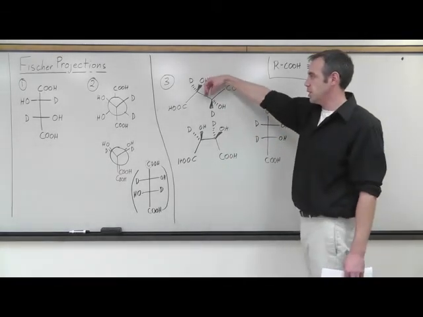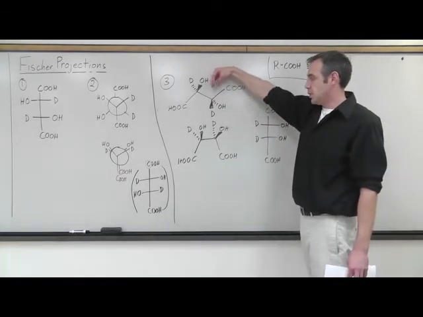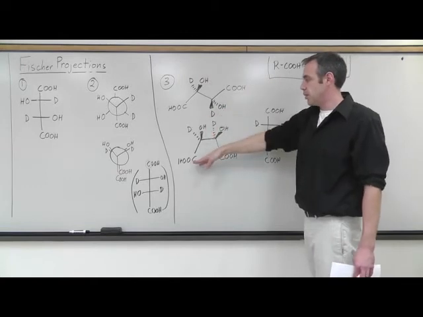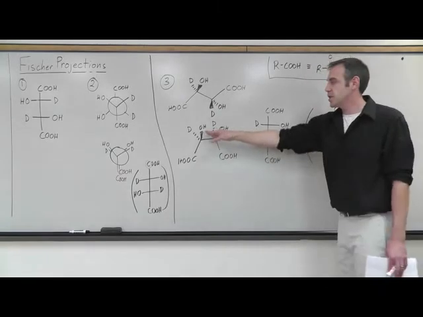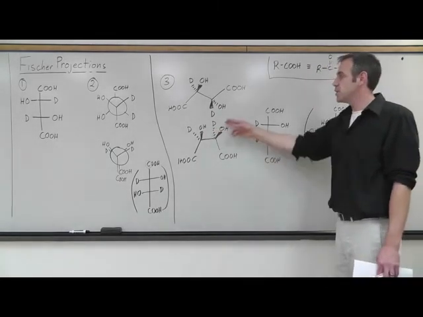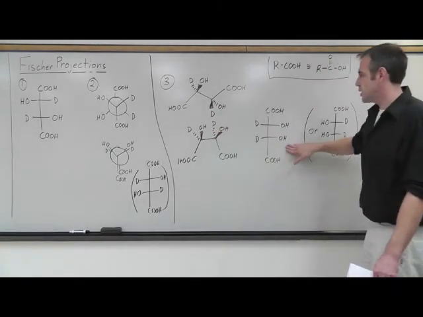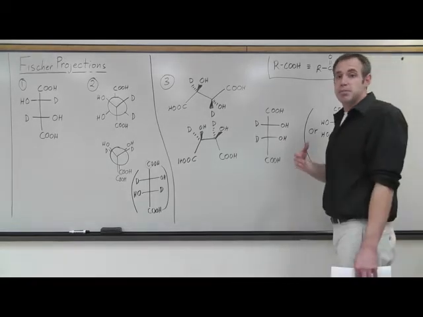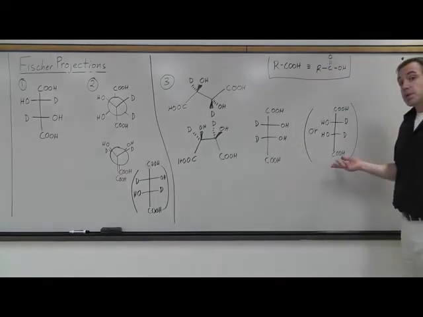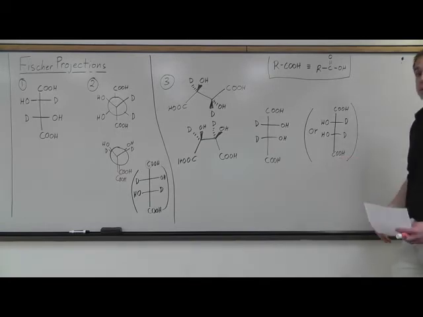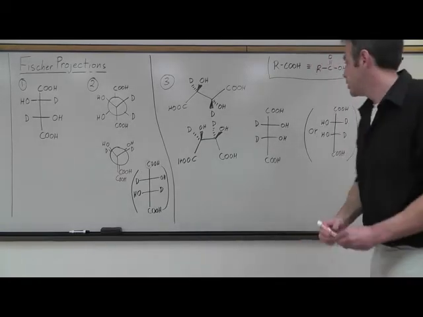Basically, we're viewing this from up here, looking down on that central bond where both of the carboxylic acid groups would be going away from us. And we notice that the OHs are on the same side and the deuteriums are on the same side. And so that would give us this structure. But, depending on your vantage point, you might have written down this structure. And both are okay.